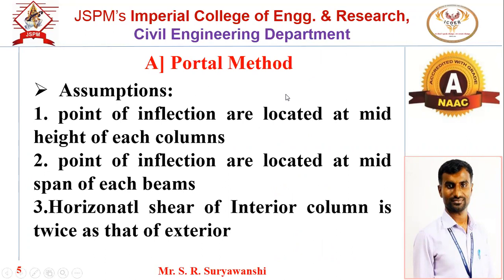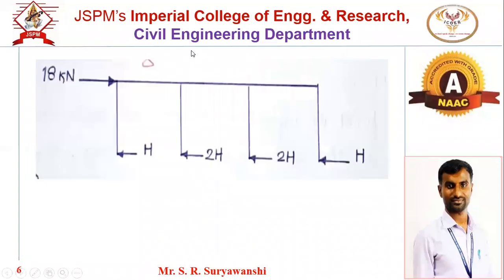Horizontal shear of an interior column is twice that of the exterior columns. This horizontal shear is nothing but the horizontal reaction, or shear force in case of a column. If I draw the FBD, suppose this is the FBD, and this height will be h by 2.